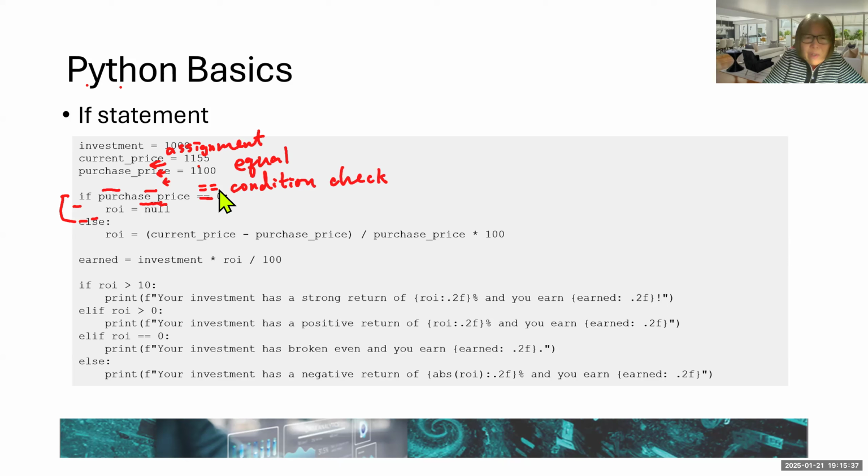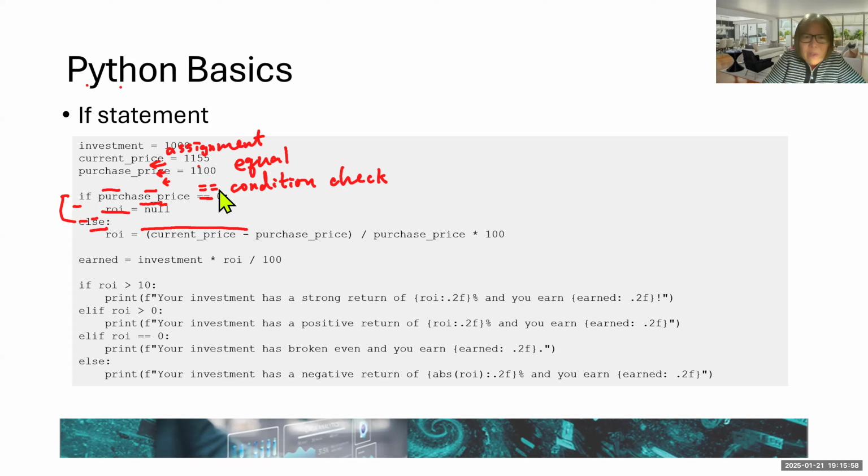If you check if it is 0, here you assign null to ROI, the return on investment. ROI is a variable, so you assign it. Otherwise, if it is not equal, you calculate that ROI.